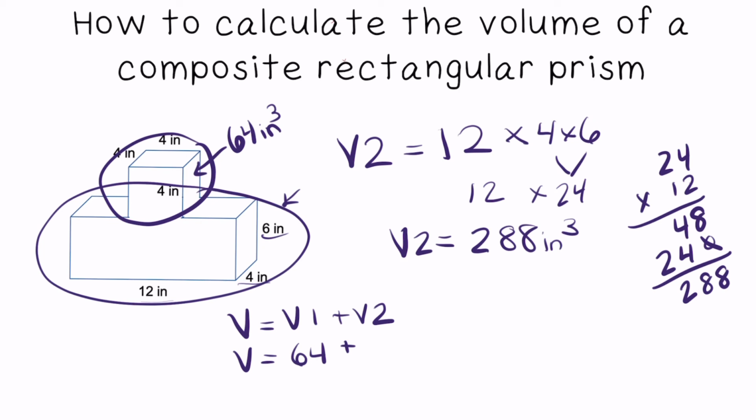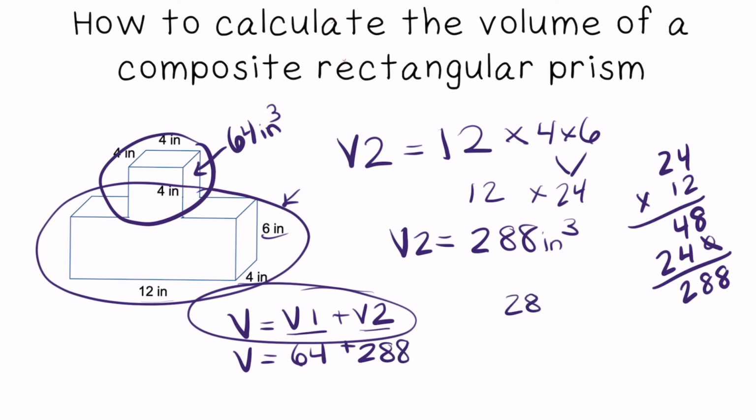Remember, if we're going to find the total volume of the composite figure, we have to add the partial volume of the first section of the composite figure to the partial volume of the second section of the composite figure. So we'll go ahead and take our 288 cubic inches and add it to 64.